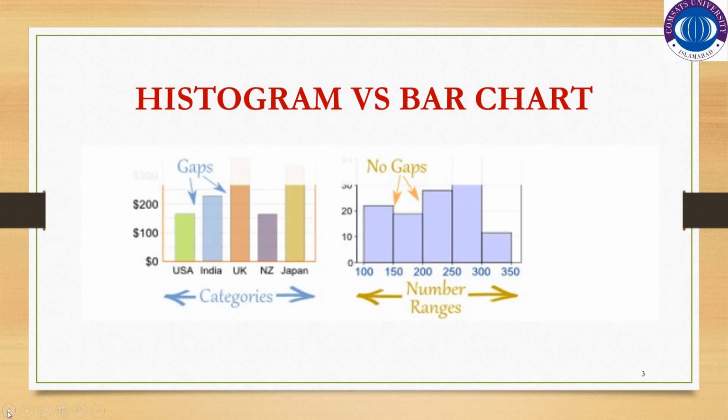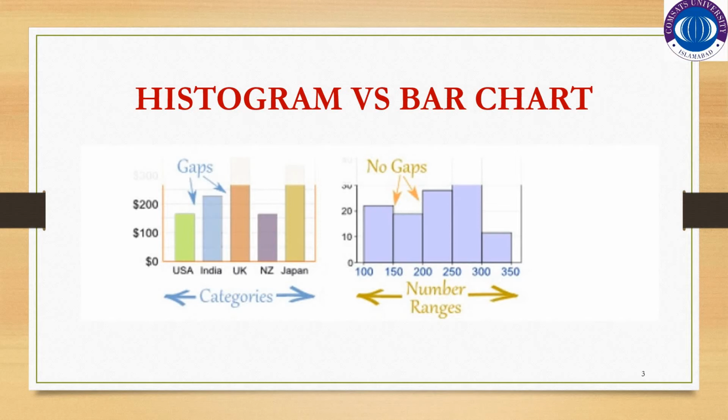The basic main difference between the two charts is there is a gap between the bars in a bar chart, and in a histogram we don't have any gap between the bars. Rest of the procedure of making bar chart and histogram is the same.